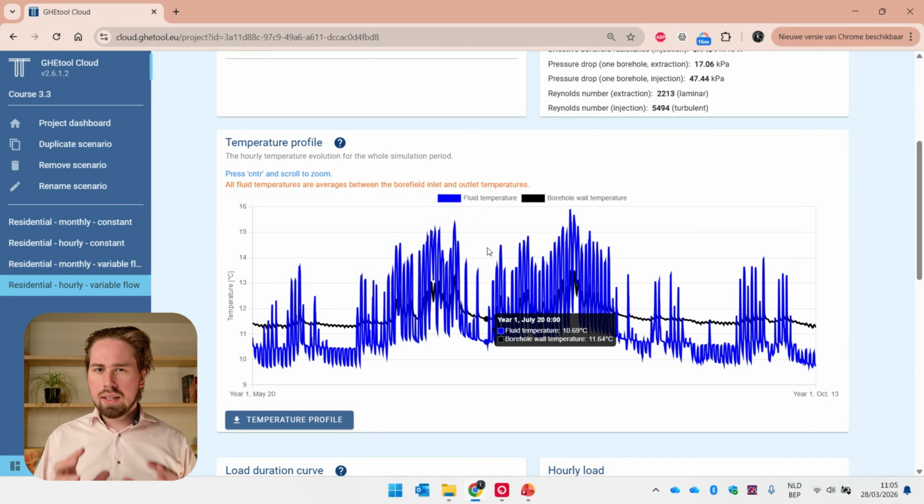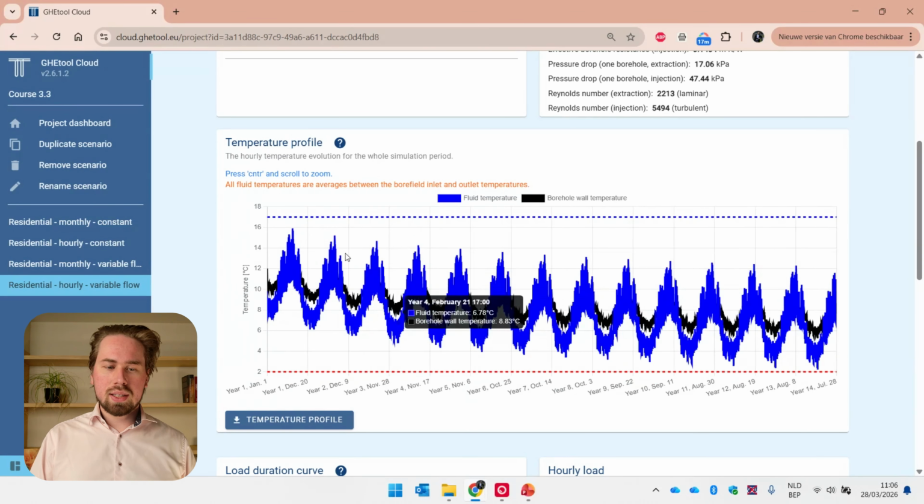And that's a very important thing to understand: if you're using a constant flow rate and you're making these decisions, well, okay, we're not crossing our limit quite often, or we're not often close to it. If you move to variable flow rates, chances are these insights are different and you're actually way more often closer to this limit than you would have thought when working with a constant flow rate.